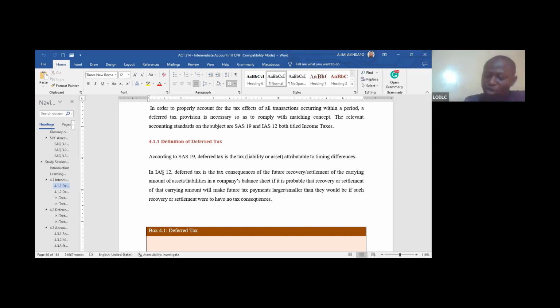If there is a tax consequence, you get either a deferred tax asset or a deferred tax liability. Deferred simply means in the future, your tax liability is either increasing or reducing. So that is that about deferred tax.